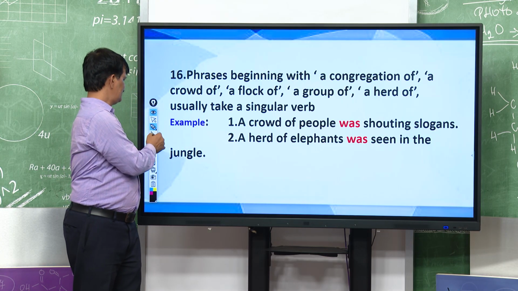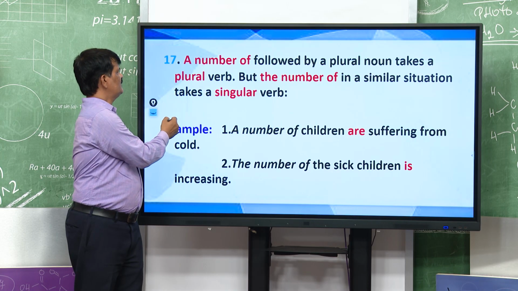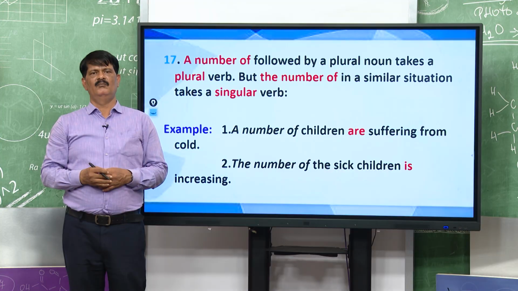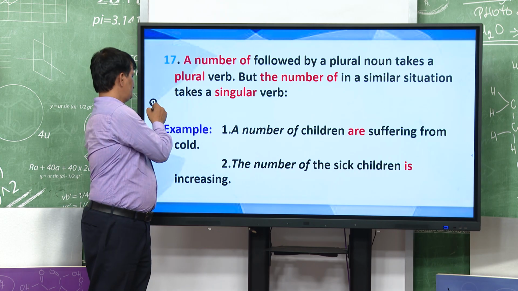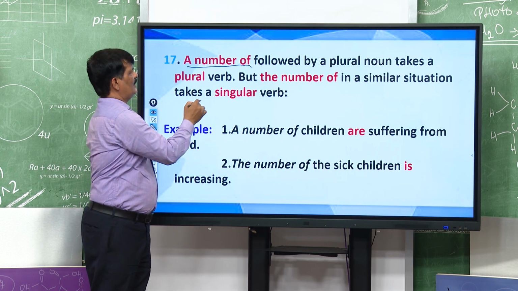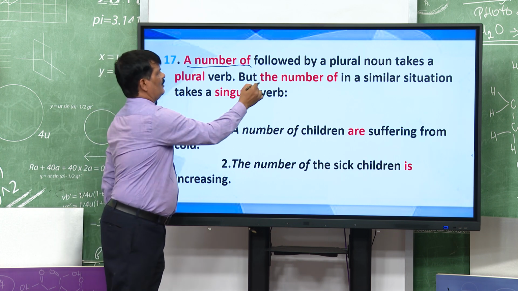It is clear? Yes. Next you see number 17, a number of followed by a plural noun takes a plural verb, but the number of in a similar situation takes a singular verb. A number of, you see, and another is the number of.